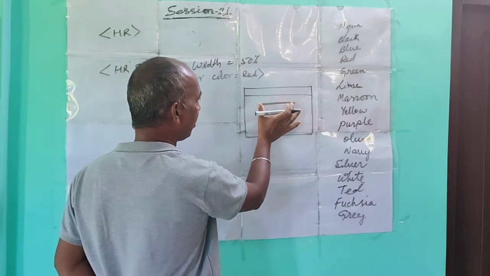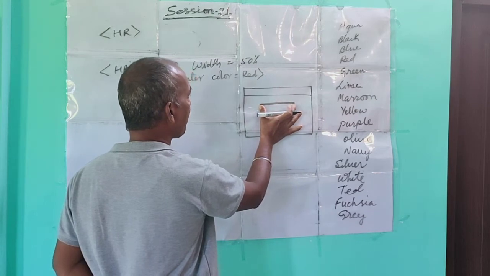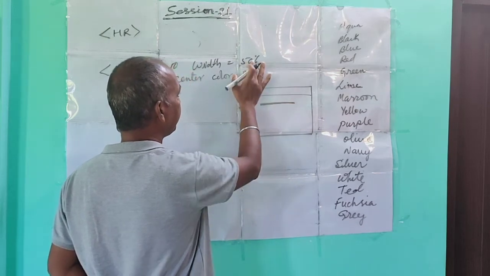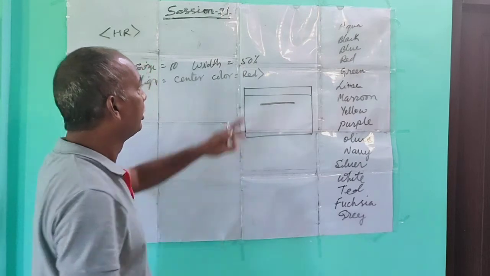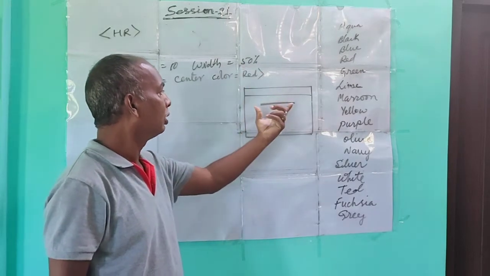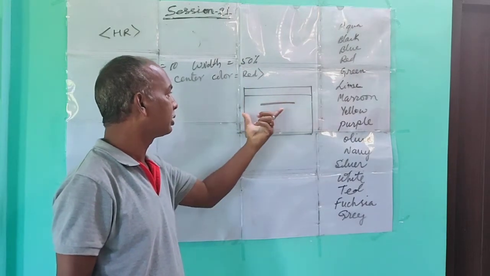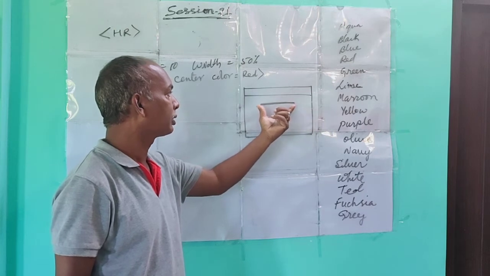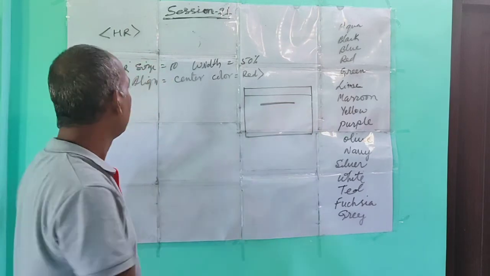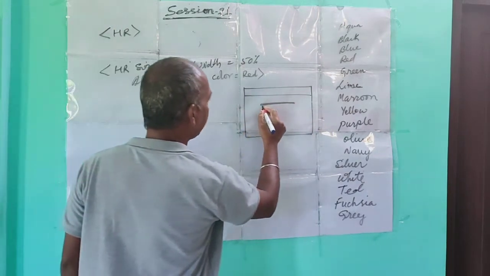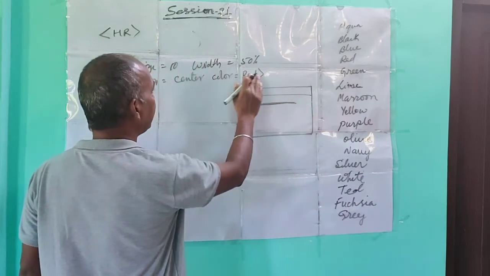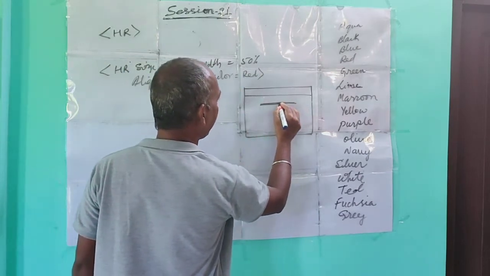Out of 100%, only 50% will appear. The width is 50%. So only this much, out of 100, only 50% of the line will be drawn. Align in center, it will appear in the center, and the color of this line appears red.